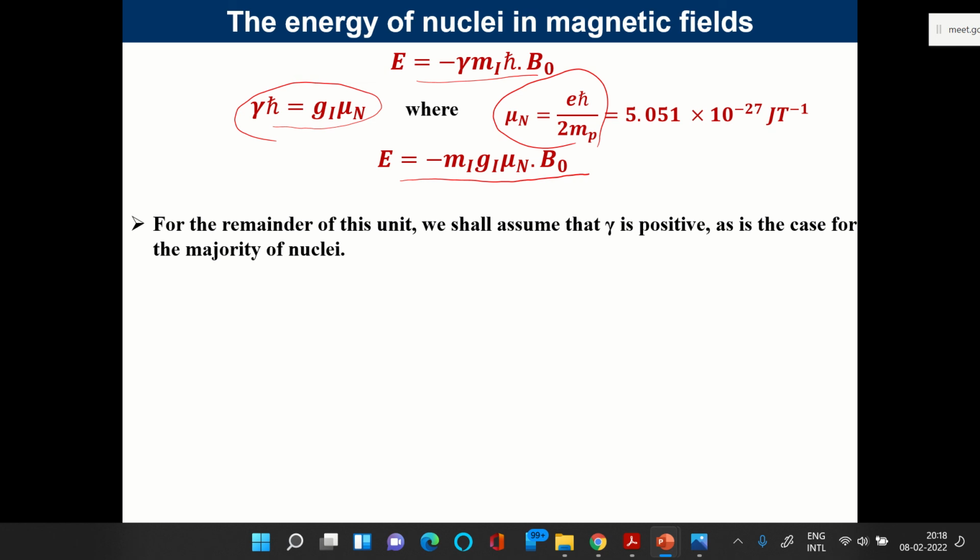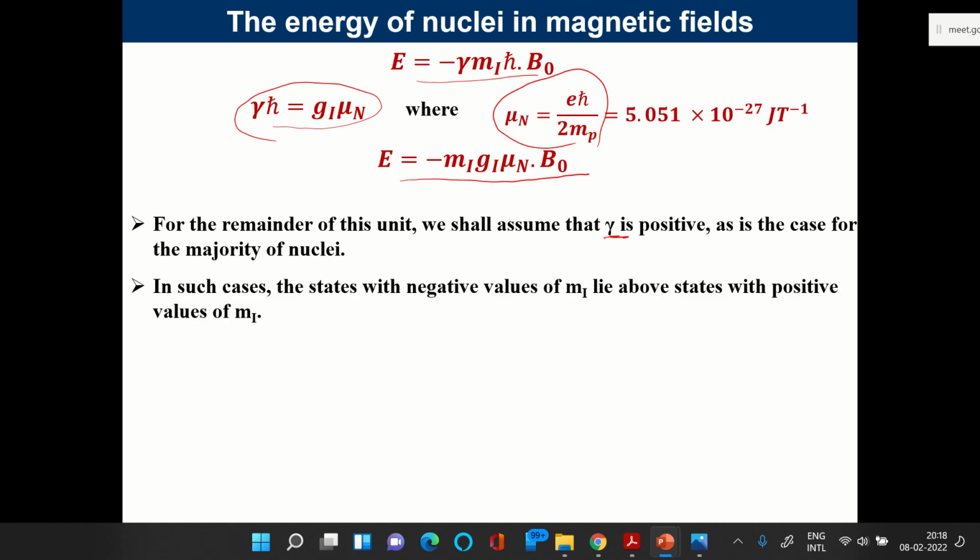You had this kind of thing, so here also you can make up with the Bohr magneton and g_I, the g factor for the nucleus. We shall assume that gamma is positive, as is the case for the majority of nuclei. For most cases you have this mu_N as positive.